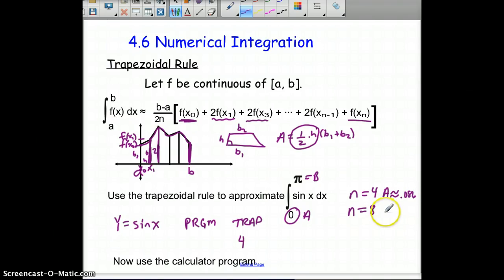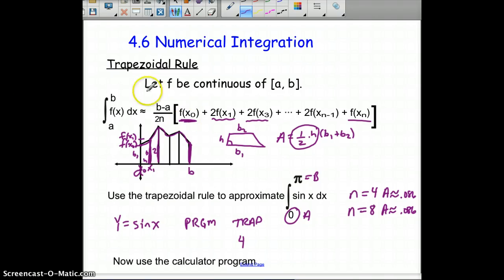Then you can do the same thing for 8, and hopefully you'll realize that the more trapezoids you use, the more accurate your approximation will be. They're actually both 0.086, so they're both pretty accurate to 3 decimal places.